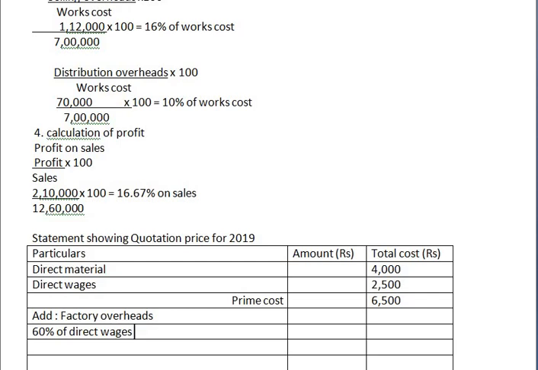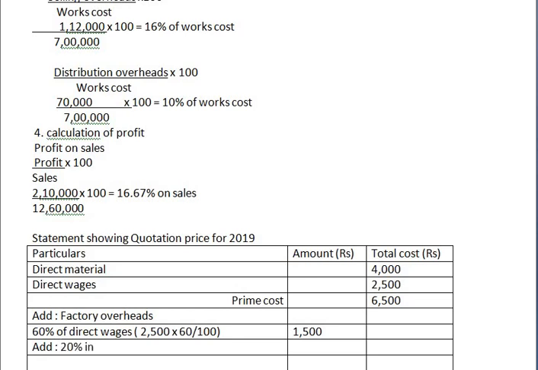So the calculation is direct wages amount 2500 into 60 divided by 100. Now calculate this, so that will be 1500. Apart from this, it has gone up, so add 20% increase.